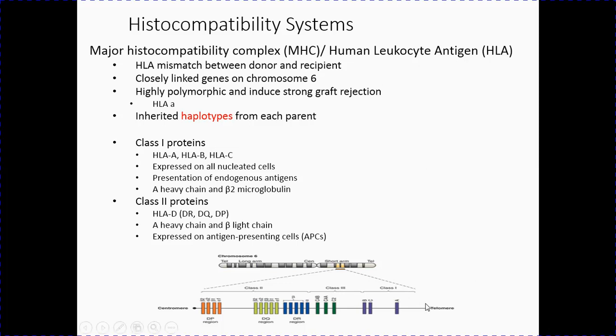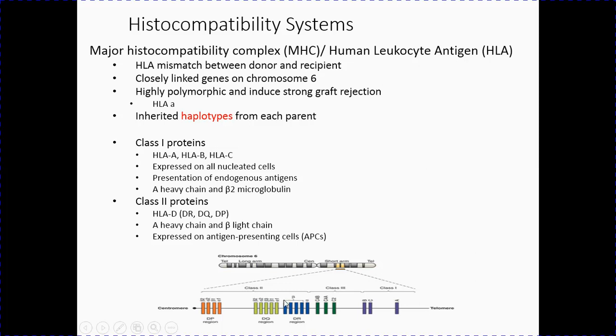We have HLA genes here. There are 3 of them that code for class 1 MHCs: HLA-A, HLA-B, and HLA-C.